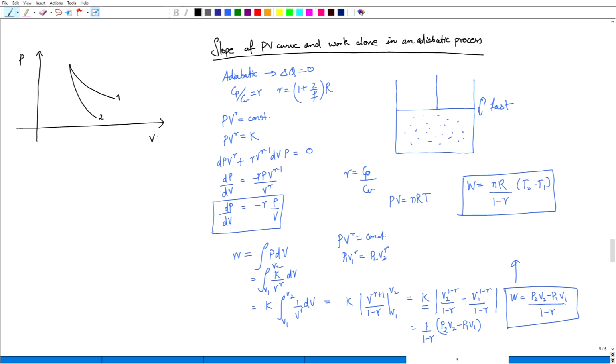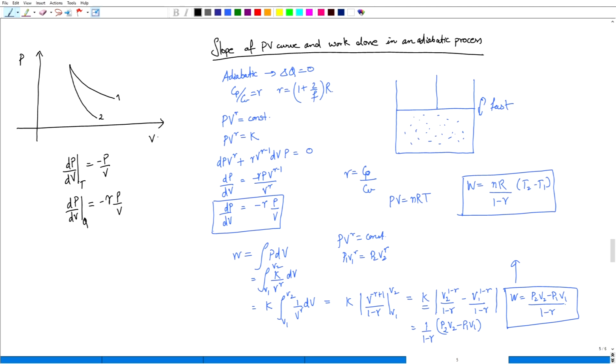To get that information, we have already calculated the slope of the two curves. So dP by dV for isothermal, that is at constant temperature, is minus P by V, and for adiabatic, that is at constant Q, that is minus gamma P by V.